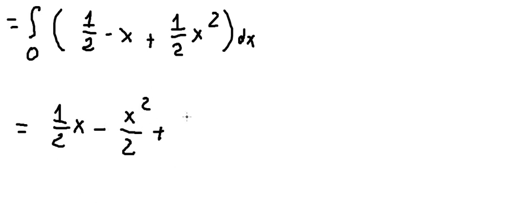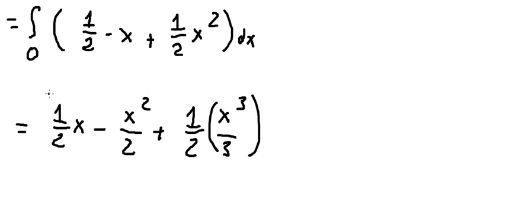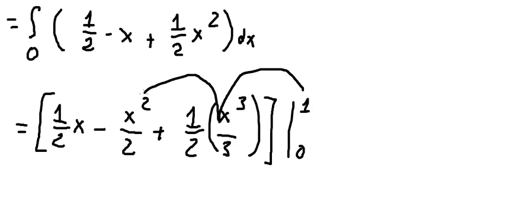This one, we have s to the power of 3 over 3. And then we put the bounds from 0 to number 1. So we put number 1 go in here, number 0 go in here, and we have 1 over 6.